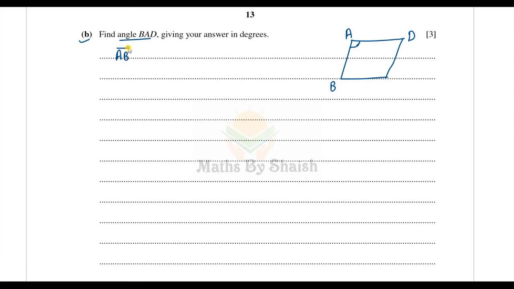So do we have the AB vector? Yes, we have the AB vector. We have the AD vector as well. AB vector we can write directly, but I'll write it.